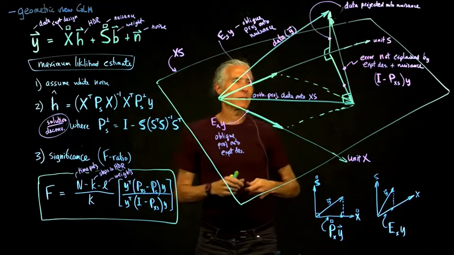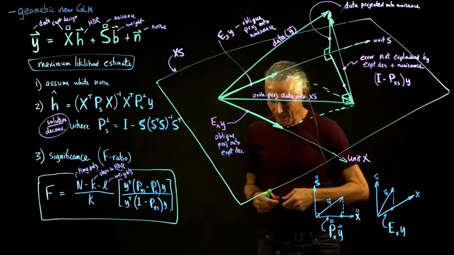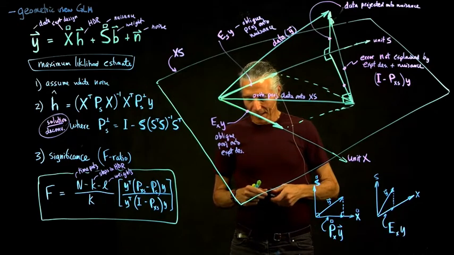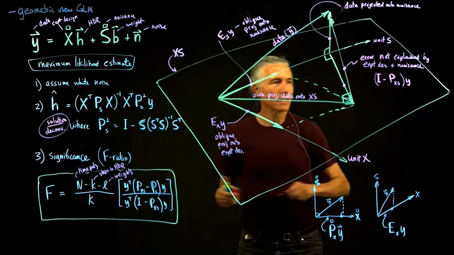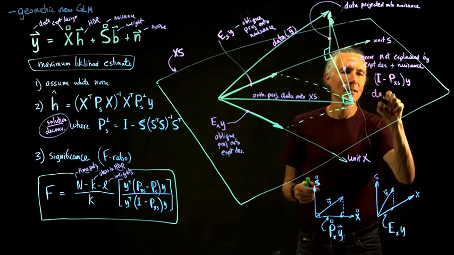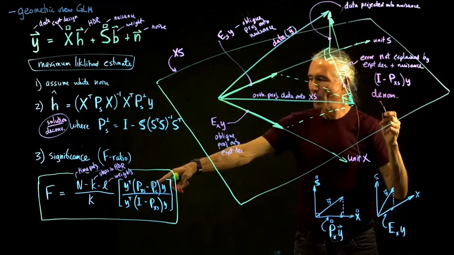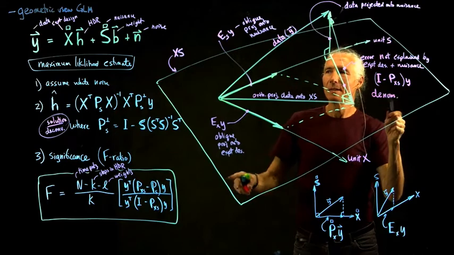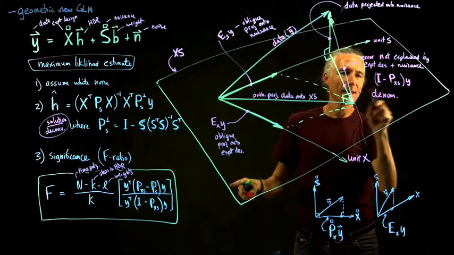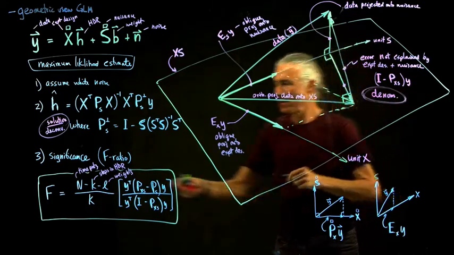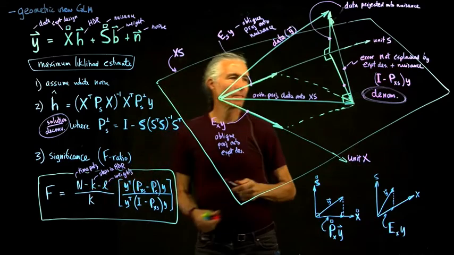So that's the error. And so this guy is basically the denominator. It's got another y in it to square it, but we'll just ignore that for now. So this guy's the denominator of our F ratio, signal to noise.